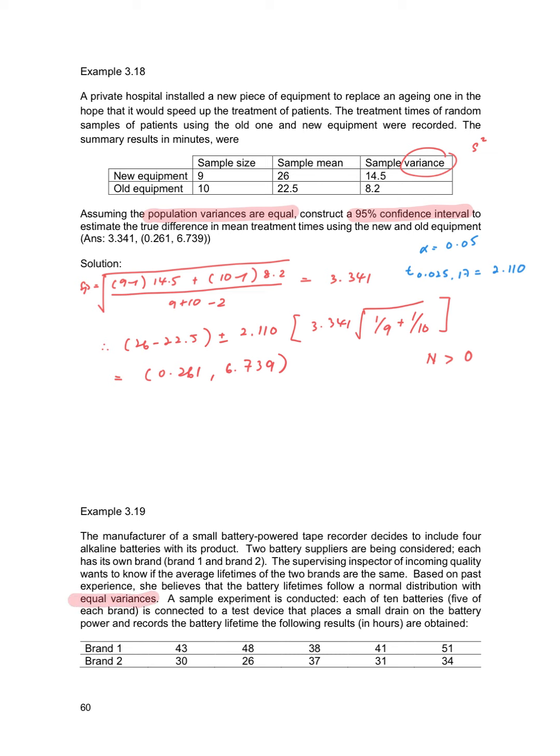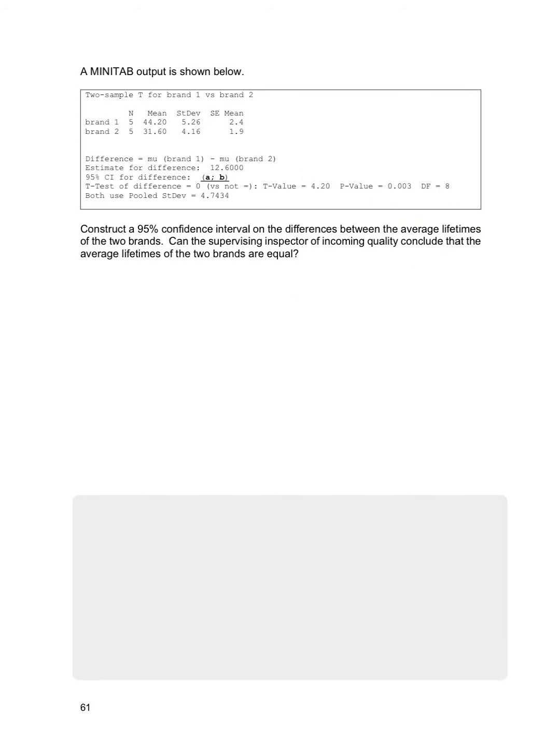A sample experiment is conducted. Each of 10 batteries, okay, 5 for each brand, so brand 1 ada 5, brand 2 ada 5, is connected to a test device that places a small drain on the battery power and records the battery lifetime. The following results are obtained. So again, you are given the Minitab output.